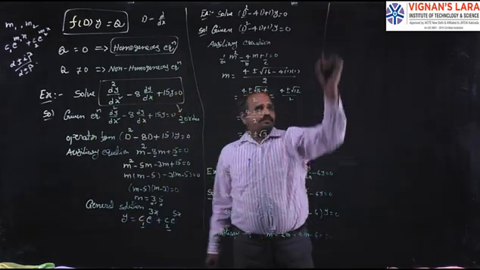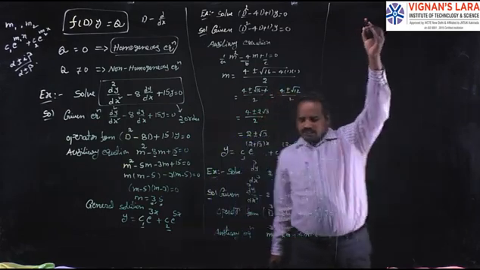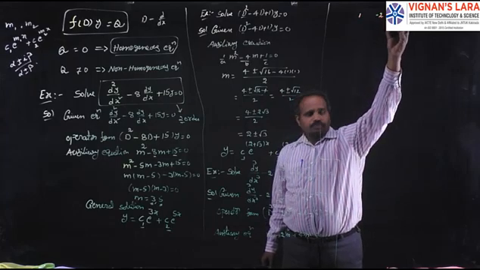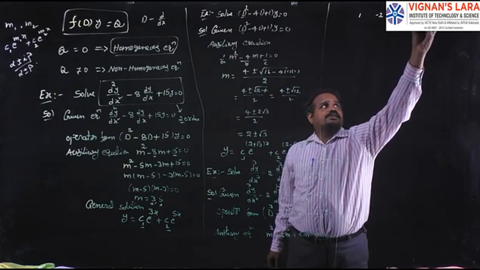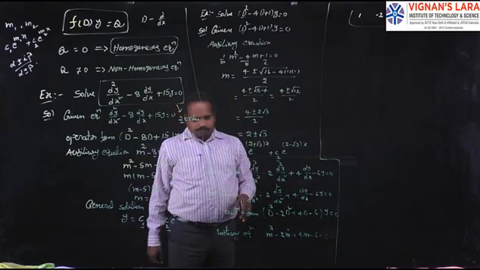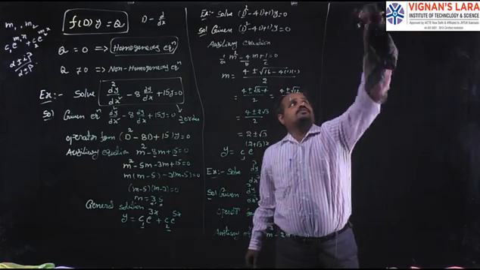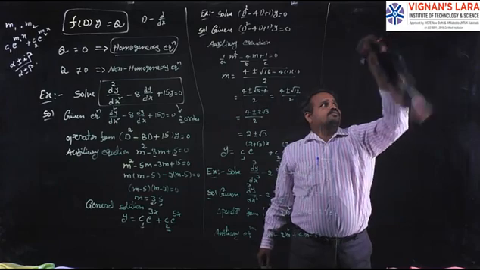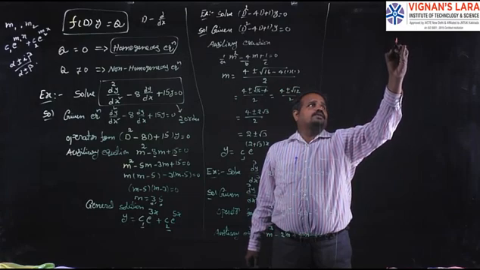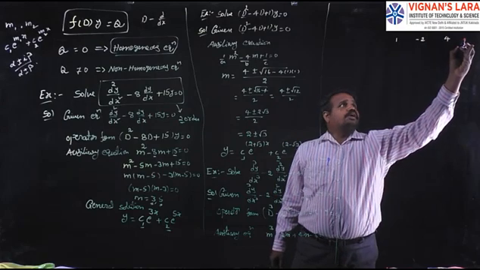So what are the coefficients? 1, minus 2, 4, minus 6. So use synthetic division.